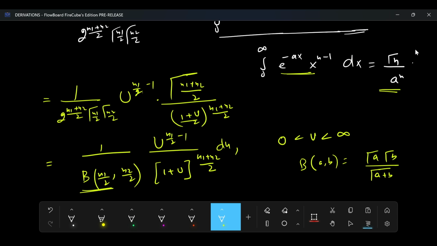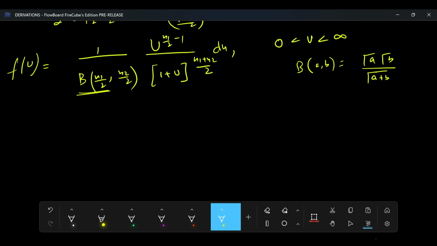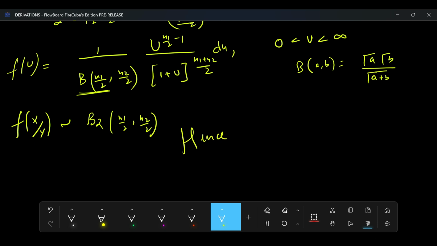So see, the 2 to the power (n1 plus n2) divided by 2 will be cancelled outside. We will be left with only this term. So this is my f of u, that is f of x given y. F of x given y will follow beta second kind n1 divided by 2 comma n2 divided by 2. Hence proved.